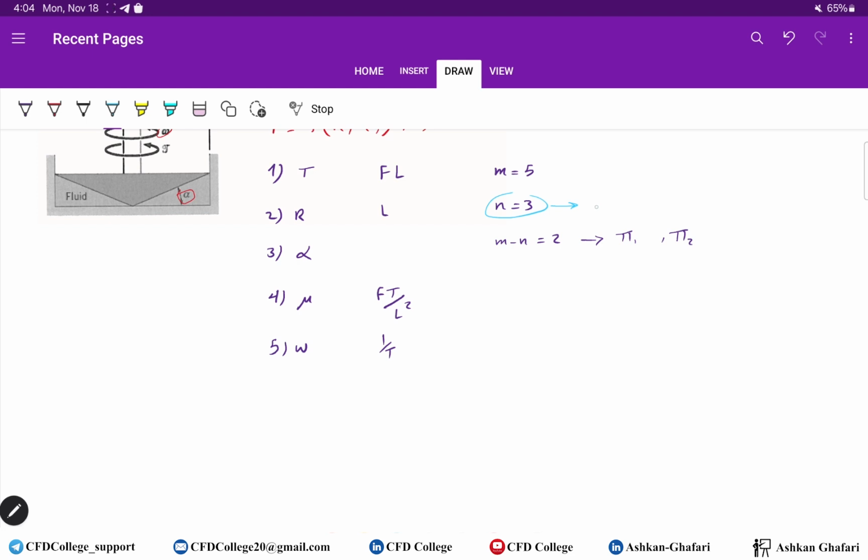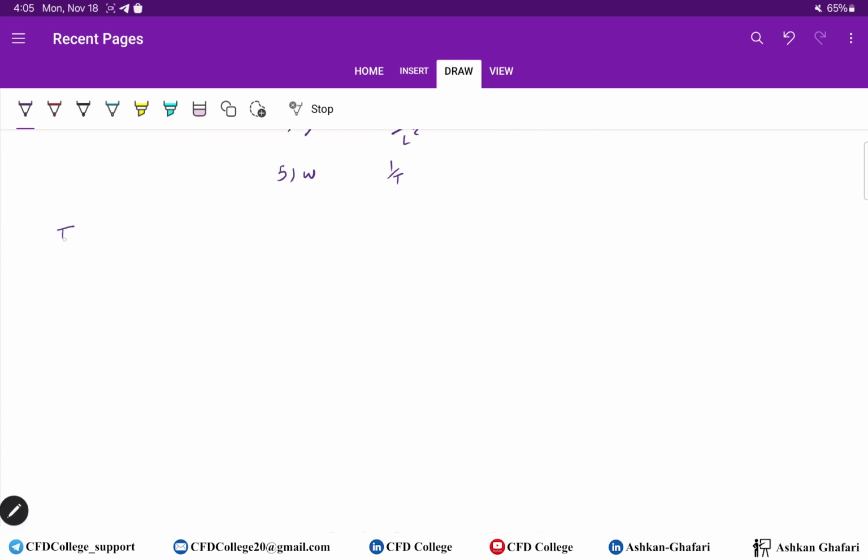We should pick omega, mu, and R. Certainly we can't pick alpha because it has no unit, and we can't pick torque because we want to investigate that. You can pick torque, but it's not usual.